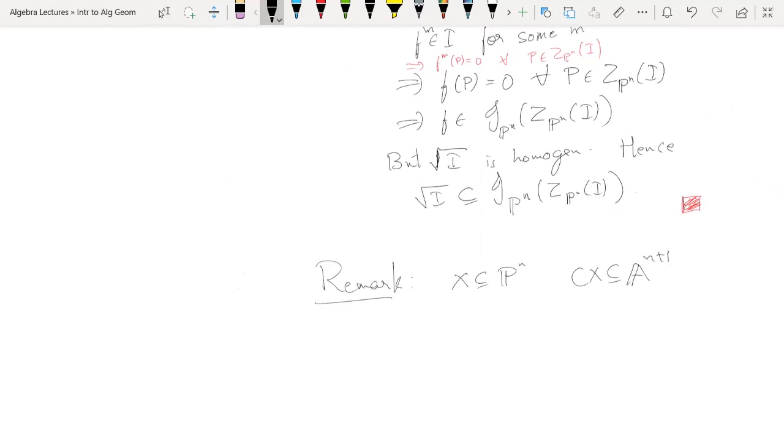If X is an algebraic subset of P^n, then its cone is some algebraic subset of E^(n+1).